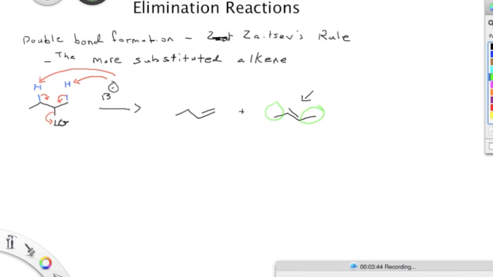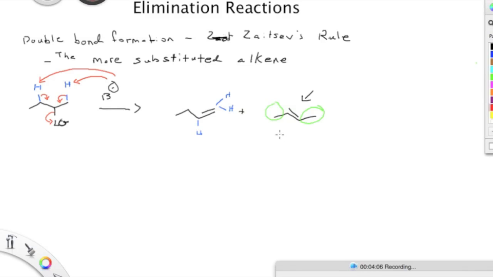This one on the other side, we have only 2 hydrogens that are coming off of this double bond as substituents, and one R group here. So therefore, this double bond is less substituted. In other words, less substituted by R groups.